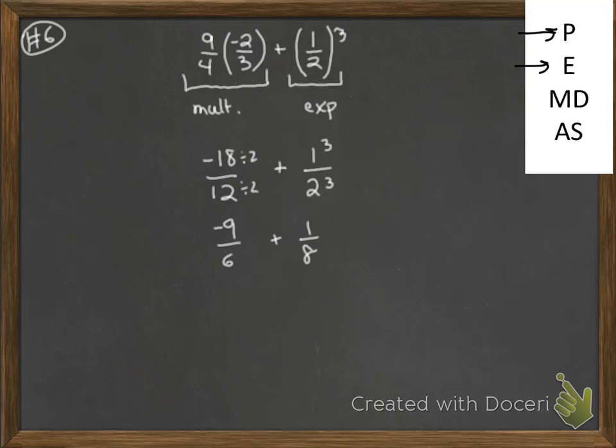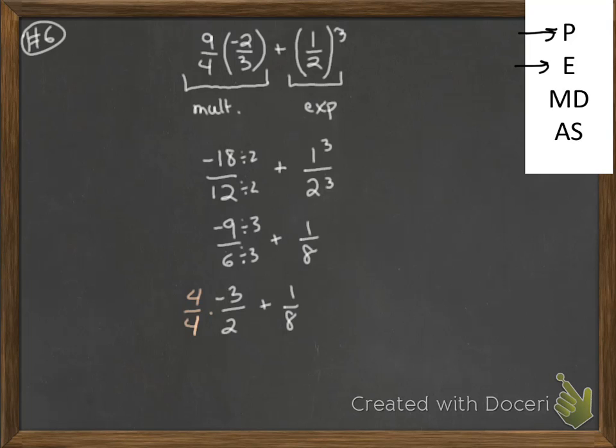You might think to yourself, I can reduce it even more. 3 goes into both numbers. So you have negative 3 over 2 plus 1 over 8. And at this point, I think we have to actually do the addition and get a common denominator. So we need to get an 8 on both sides.